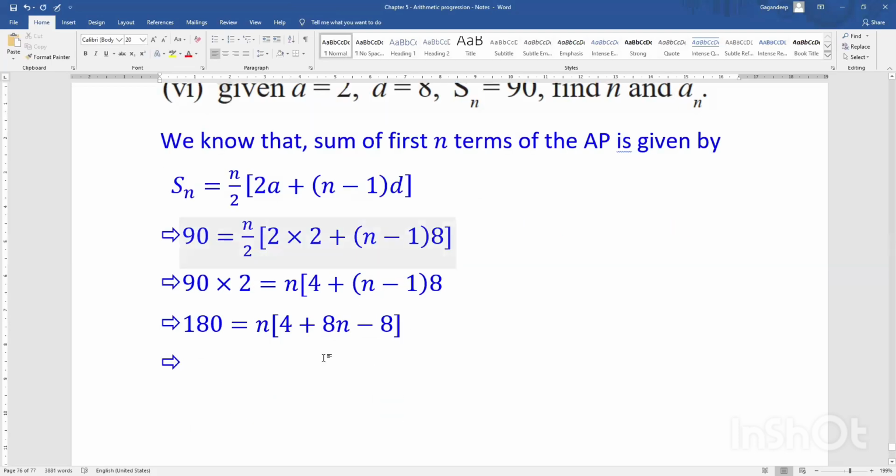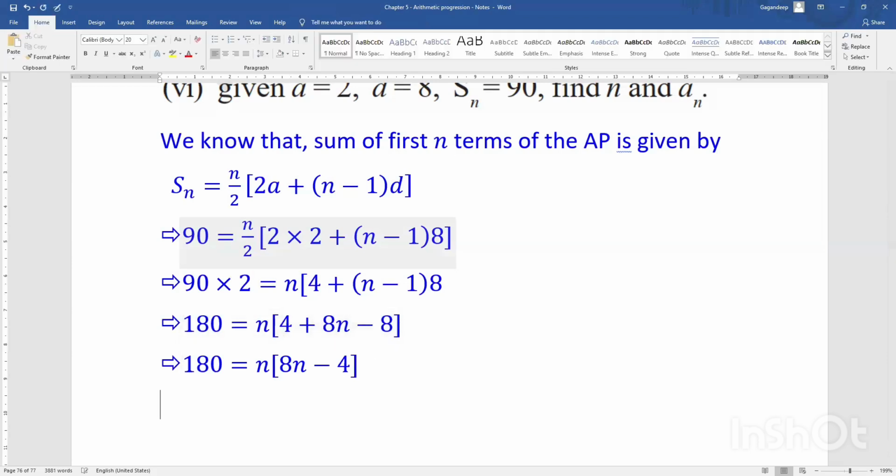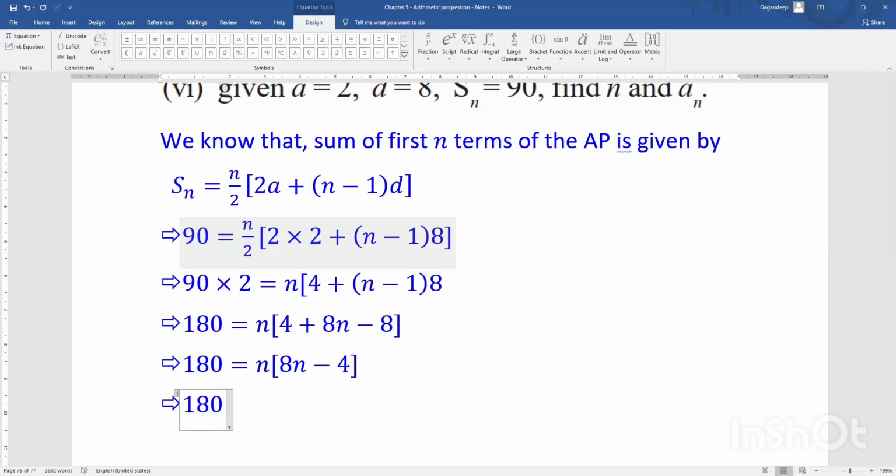Or we can write it as 180 equals N into bracket open 8N minus 4, right children? Because 8N minus 8 plus 4 is minus 4. Then 180 equals N into 8N gives 8N square, then minus 4N.